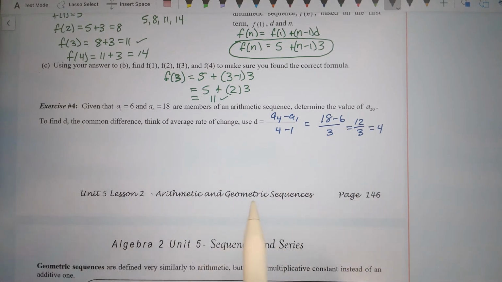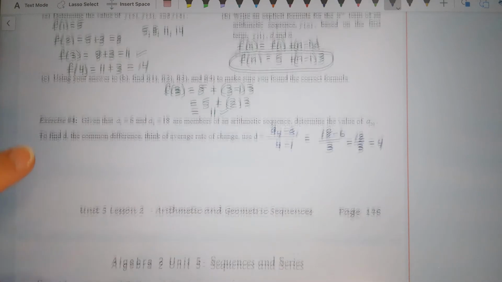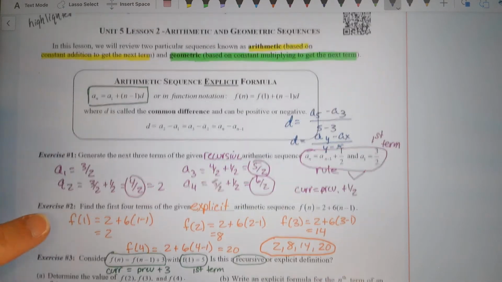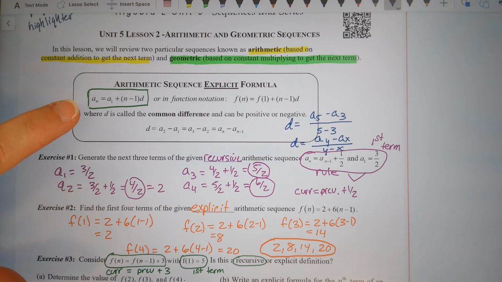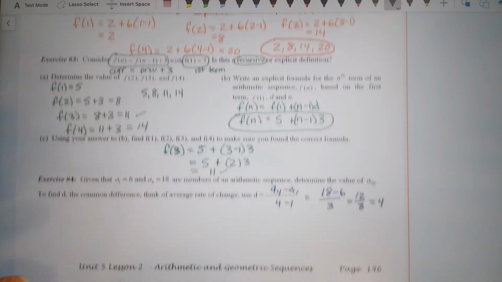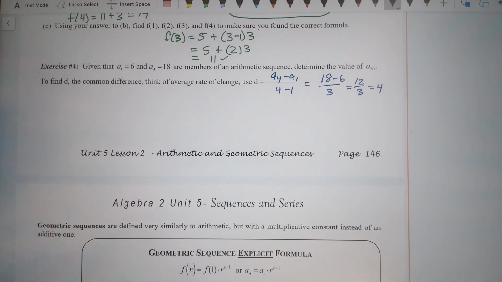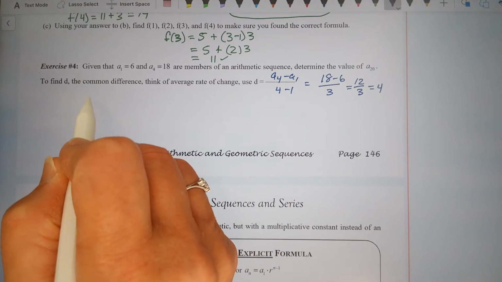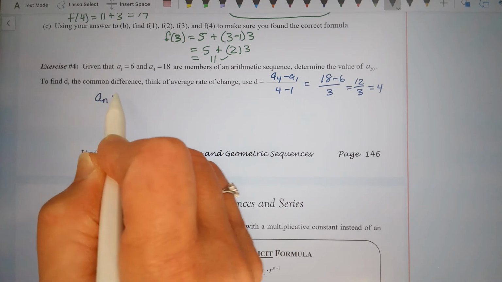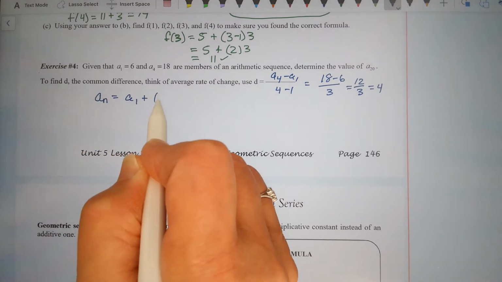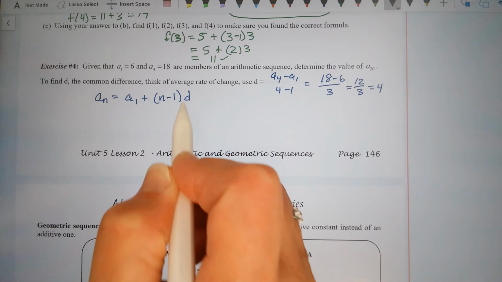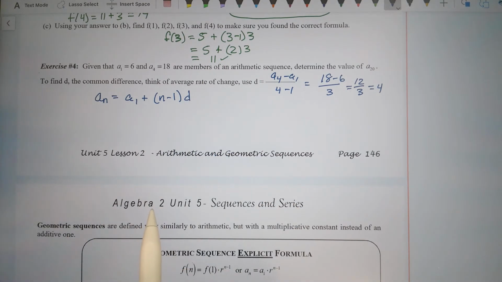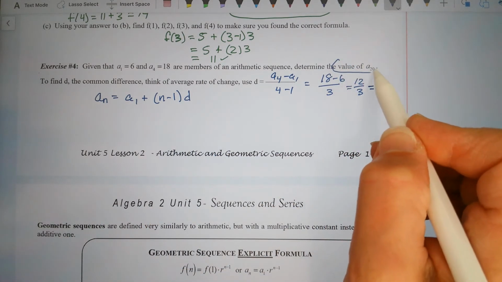We want to find a sub 20. All right, so using the formula, and again, it's much more preferable that it's in subscript notation. I just find it easier to work with it in that notation as opposed to function. So the formula is a sub n equals a sub 1 plus n minus 1 times D. Now we simply make our substitutions because we want to find the value of a sub 20.